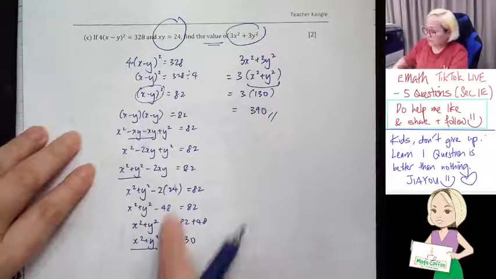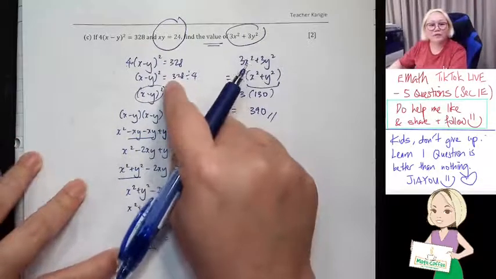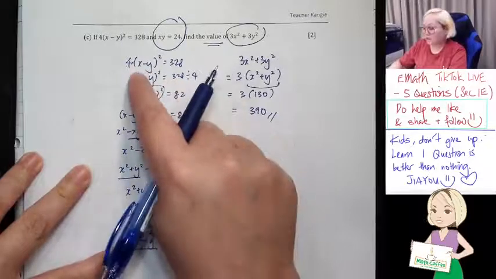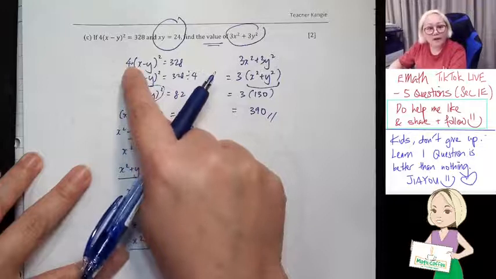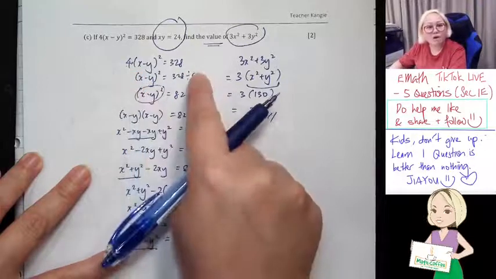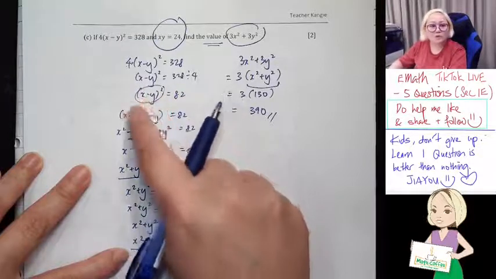So these steps here are trying to find x squared plus y squared. So I'm actually making use of the identity. I repeat here: 4 times (x minus y) squared equals 328, because it's 4 multiplied. If I bring it over, it becomes divide by 4. So my (x minus y) squared is 82. Just now someone said expand this one.